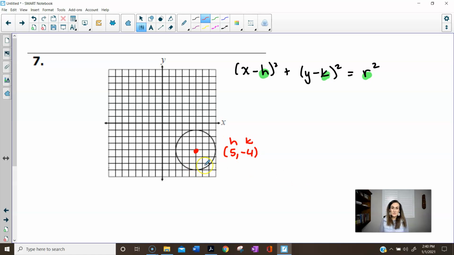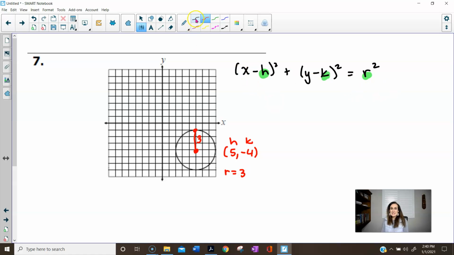The next thing we want to do is figure out what the radius is, and that is the distance from the center to a side of the circle. And you could use the distance formula, but because they gave me the graph, I'm just going to count it. So it looks like it's 1, 2, 3. So the radius is 3. So r equals 3.